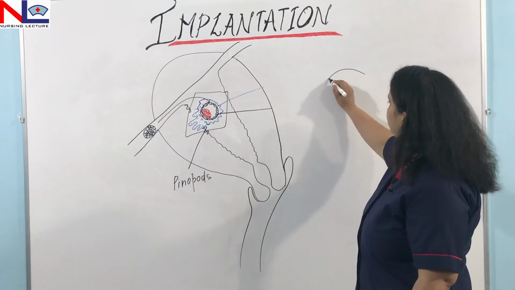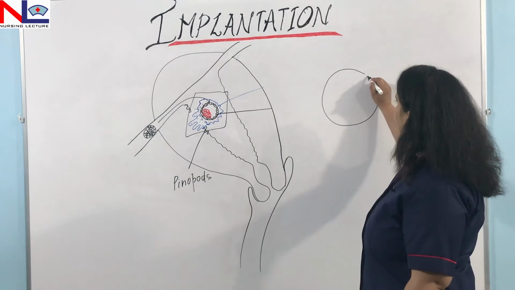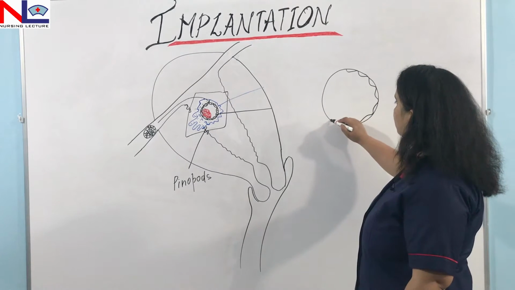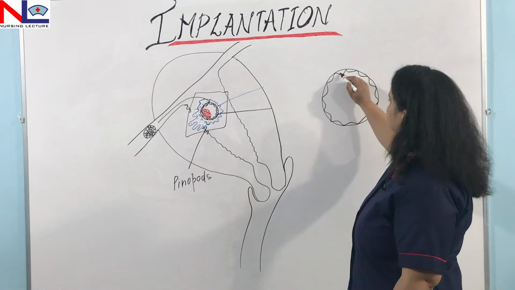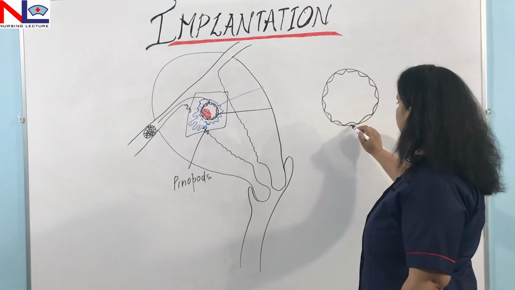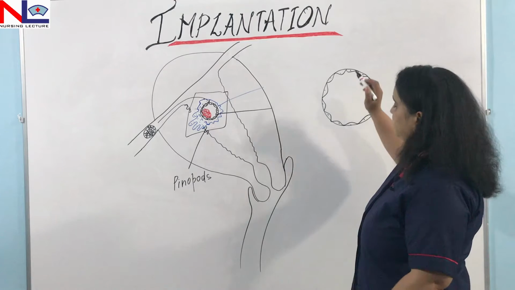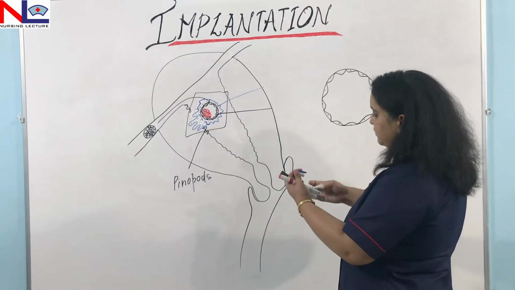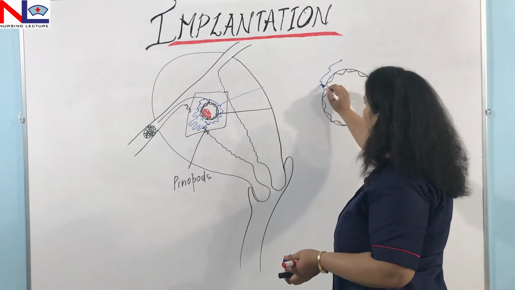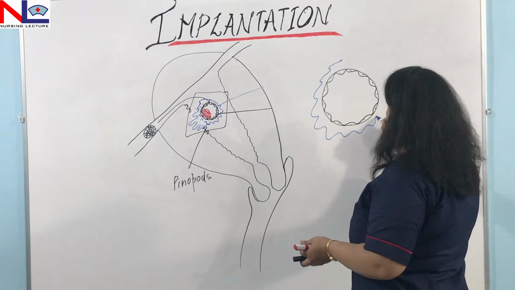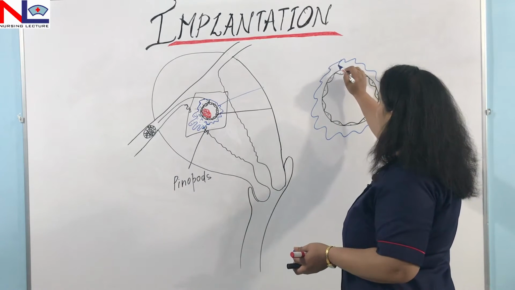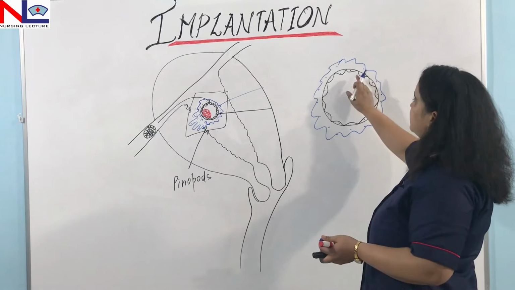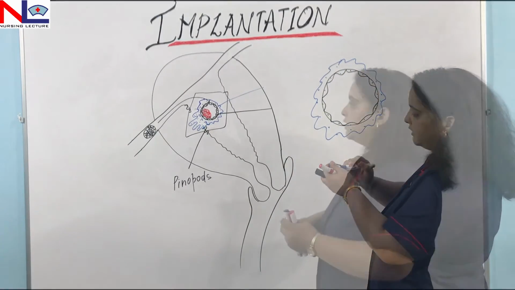So here is the blastocyst, and there it is, the outer lining, and the outermost lining of this blastocyst is the syncytiotrophoblastic cells. These are the multinucleated cells, and the inner one is the cytotrophoblast, which is mononucleated.